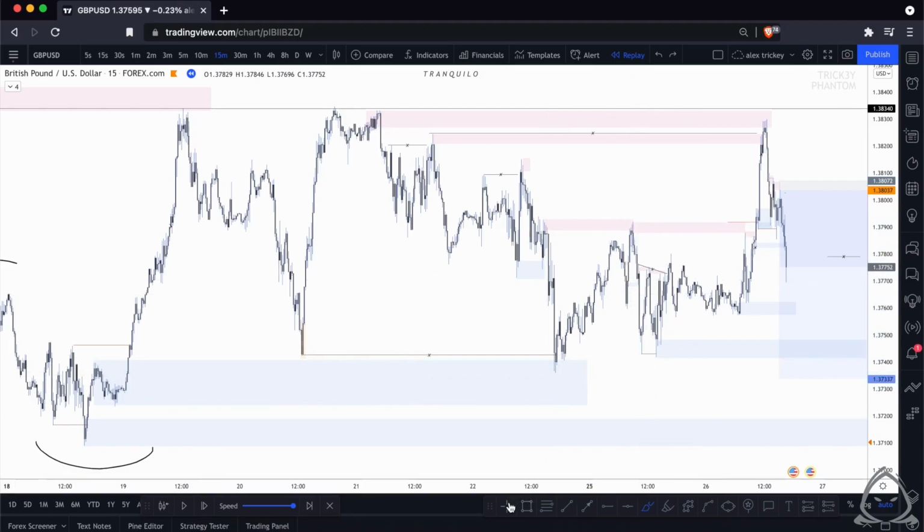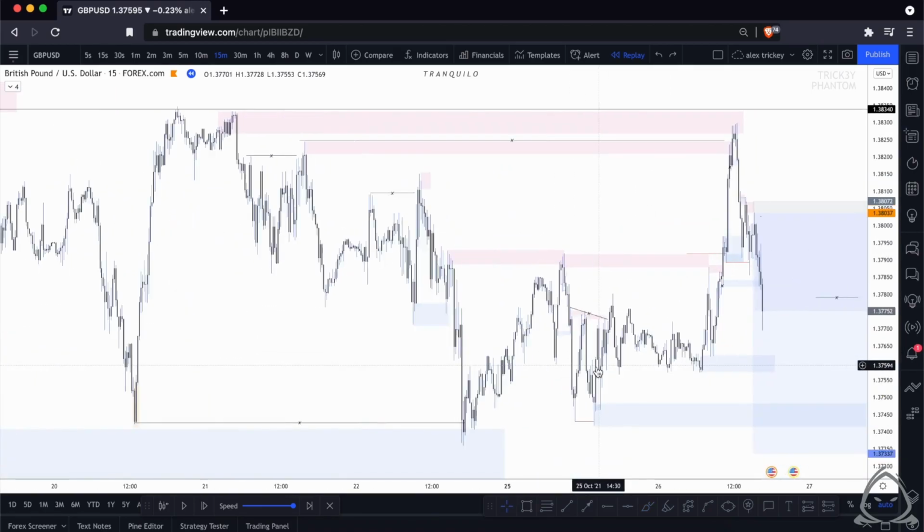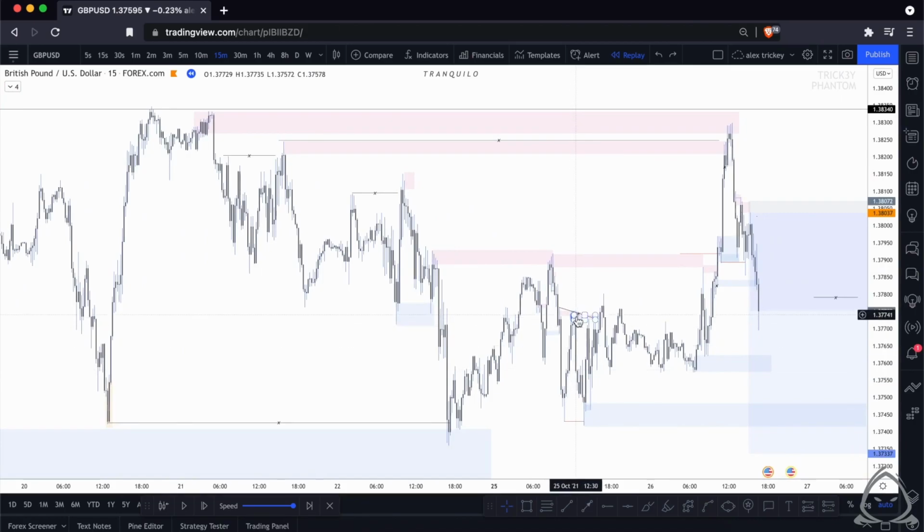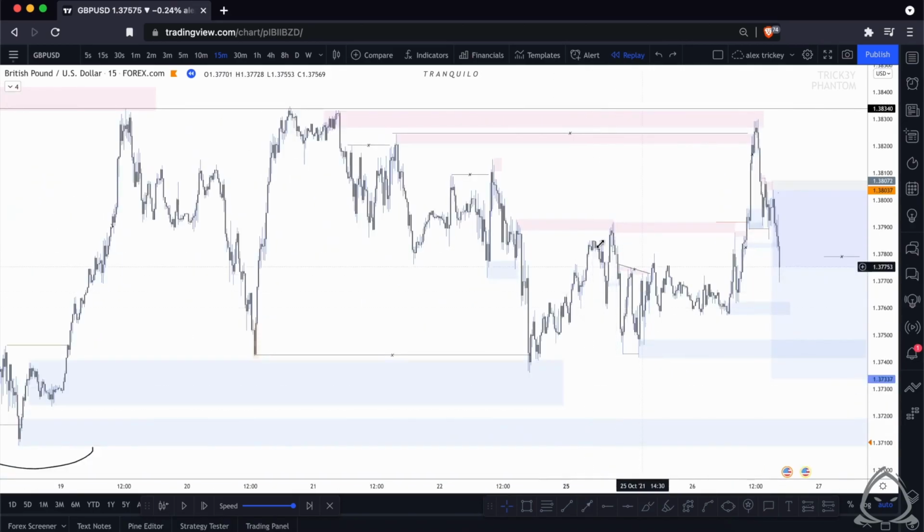But what happens instead is we start respecting these levels here to the left, pushing up once again. On the lower time frames, I'll drop down to in a minute, we can see we're still respecting supply levels, and then we try once again and we still fail to breach this level here, and this can be where a lot of losses can happen.